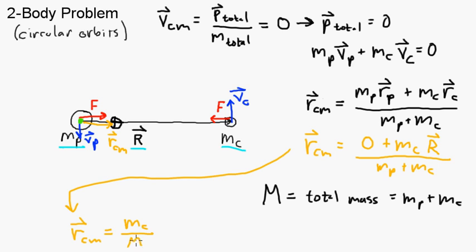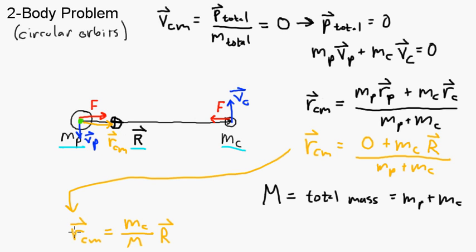Now, if we want to find just, say, the length here, we can take the magnitude of both sides of this equation. We know it's on this line, and we know it's going to be between Pluto and Charon. If we take the magnitude of this vector, then we don't have direction information in the vector anymore, but we know it's on this line. We know which direction the center of mass is going to be from Pluto.